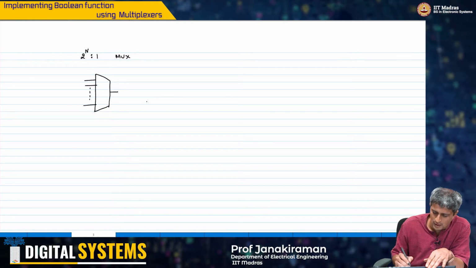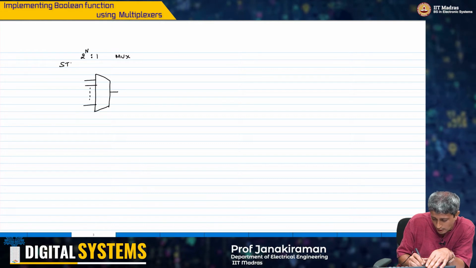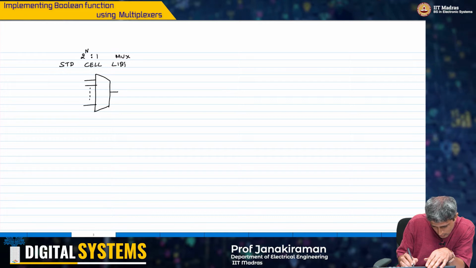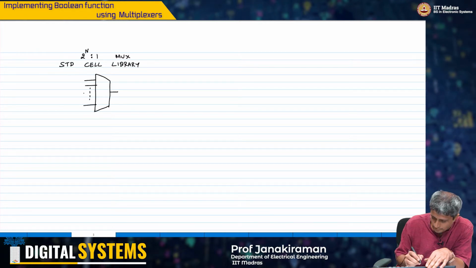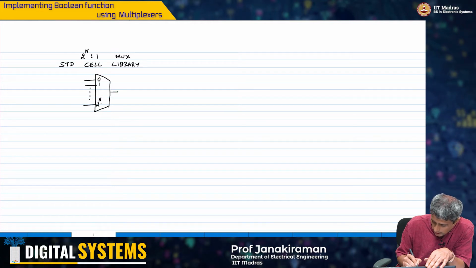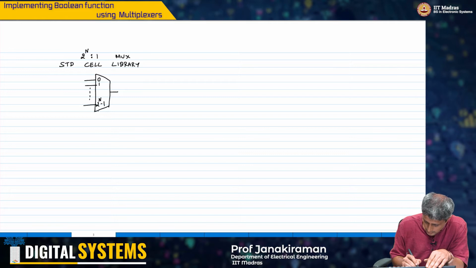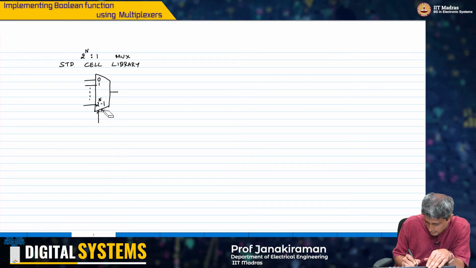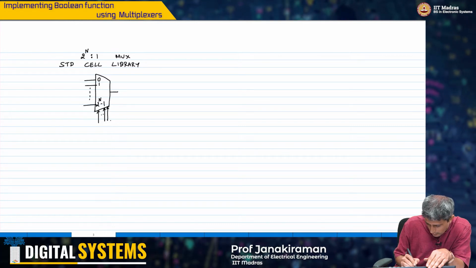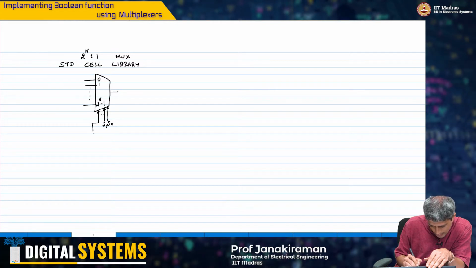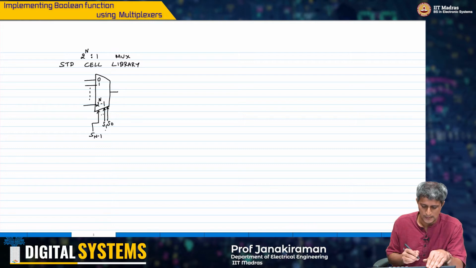So, let us say now I am going to redefine my standard cell library. Okay, inputs 0, 1, 2 power n minus 1. So, I have select signals S0, S1, Sn minus 1. Okay.